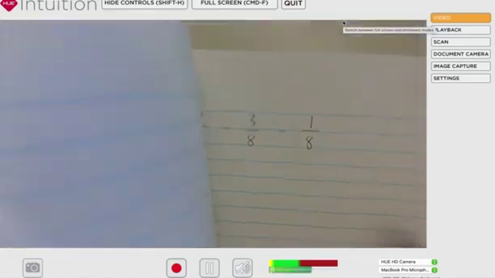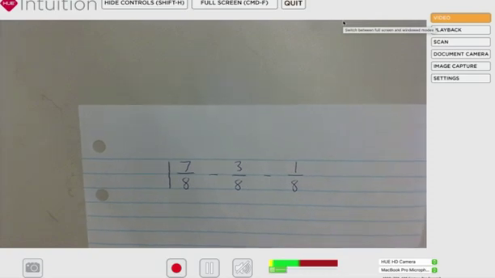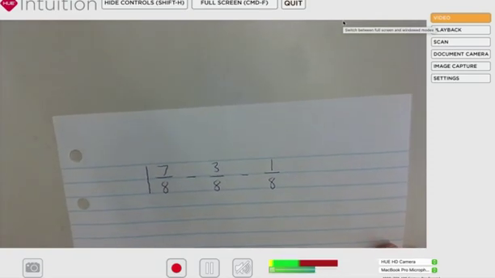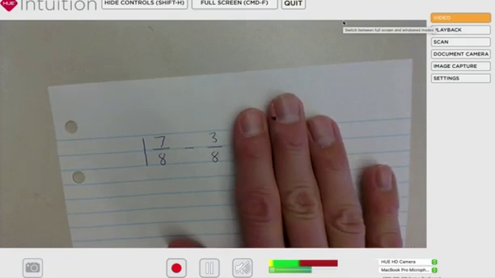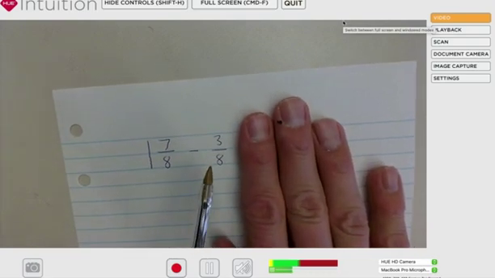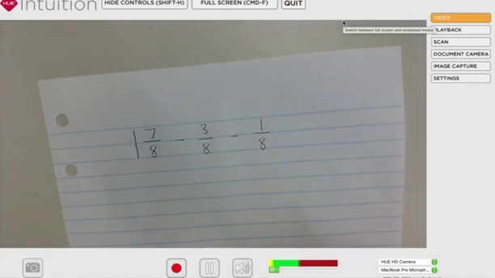Okay? Now let's talk about subtraction. If we have a situation like what we used to do back in the olden days, we used to just have a mixed number and we would take one traditional regular fraction out of it. Well, now we have 2.